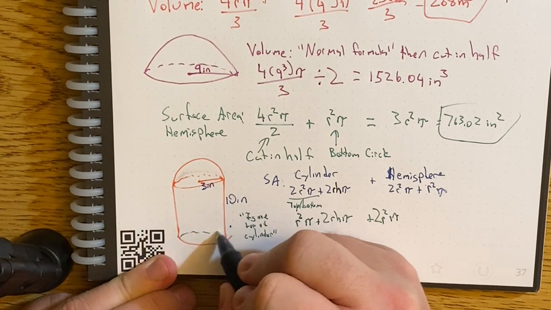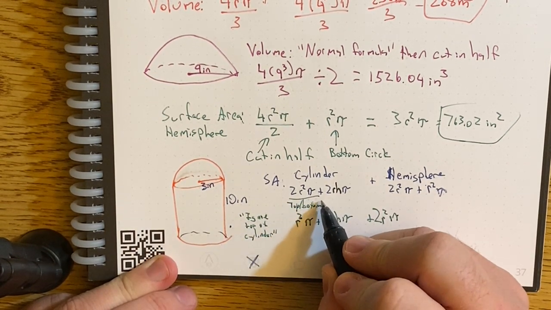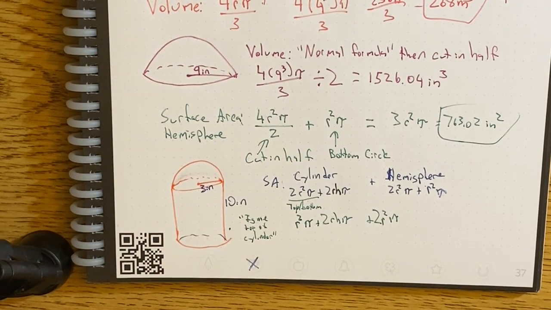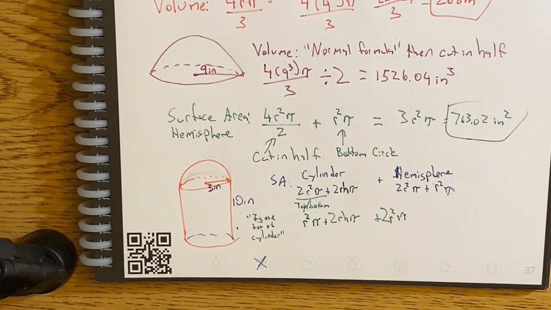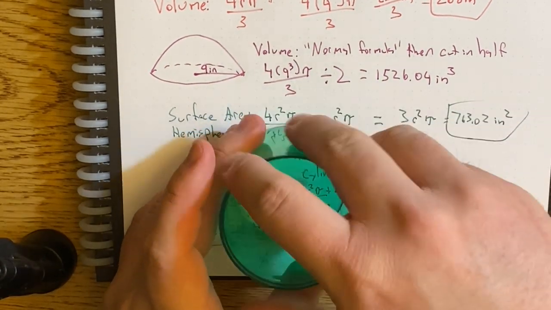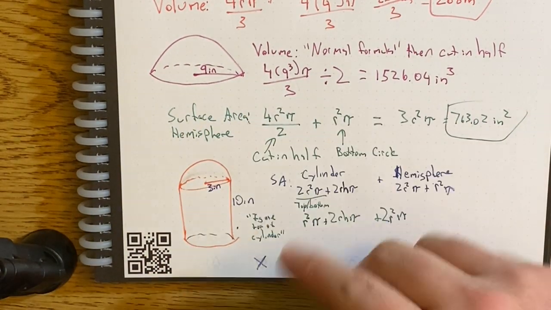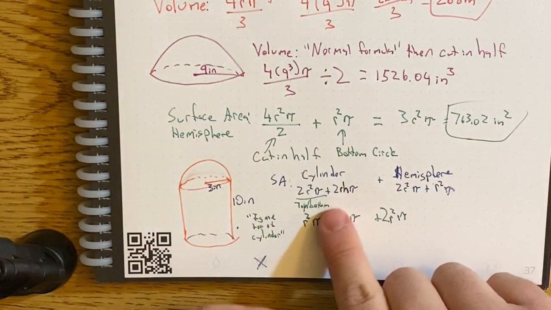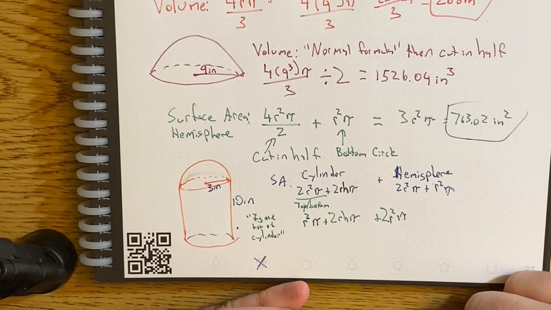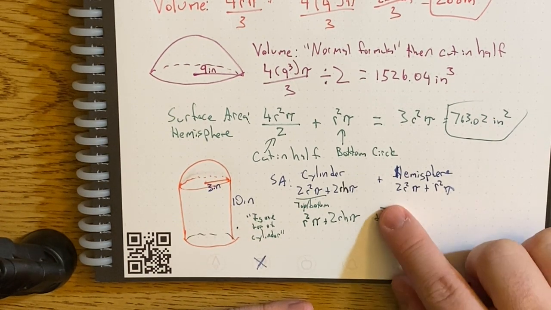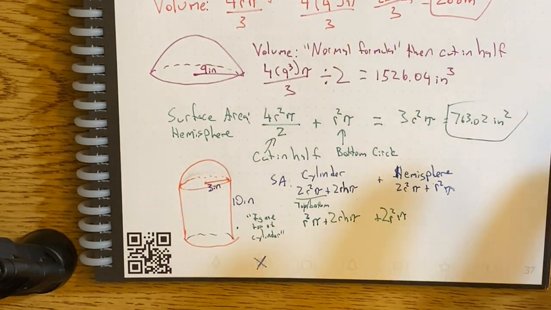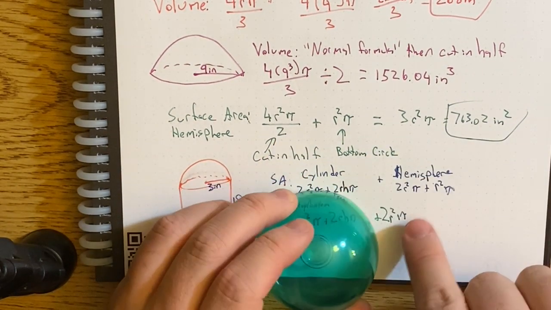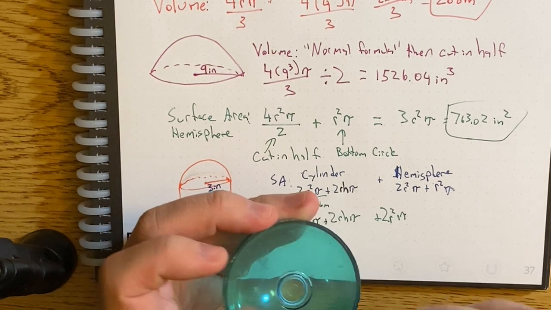So there's two circles, which is r squared pi each, plus 2rh pi, which is the outside wrapping part around here. Plus a hemisphere, which is 2r squared pi, which, if you remember, is the part that's cut in half, plus the bottom r squared pi.